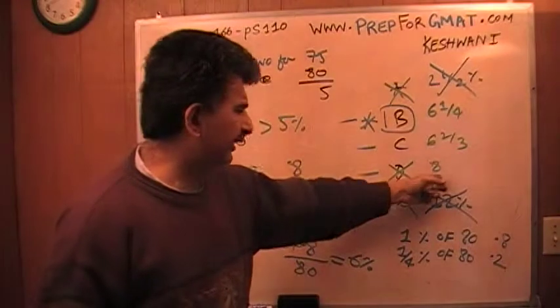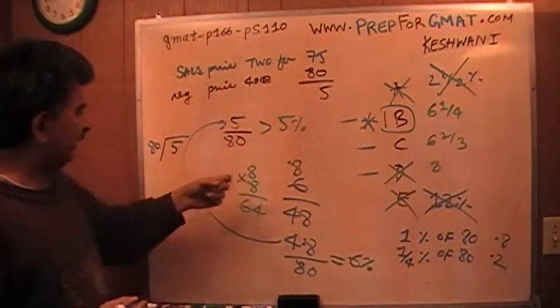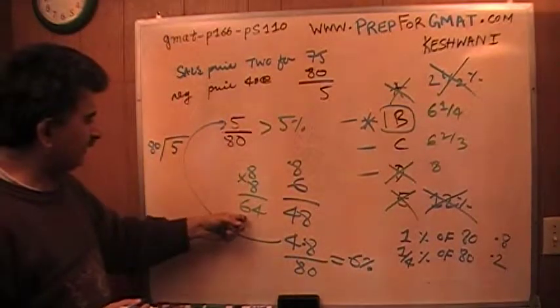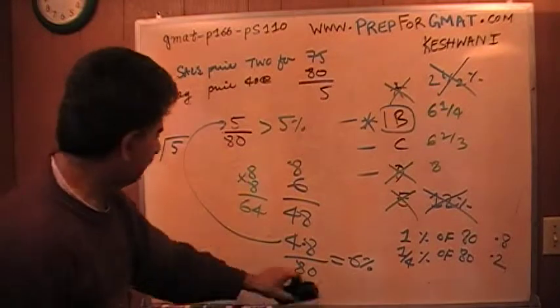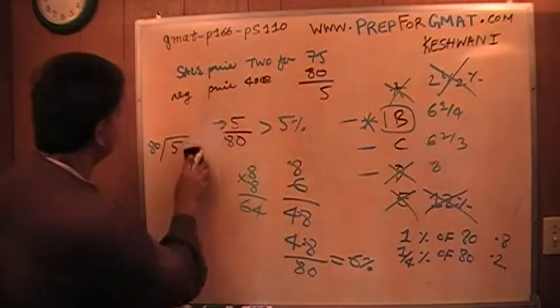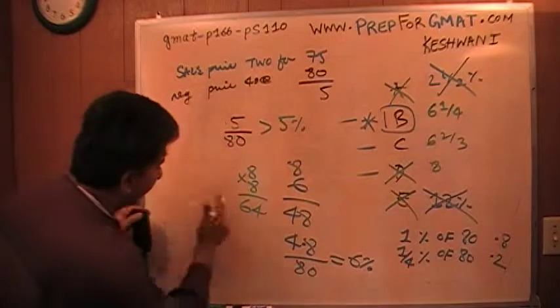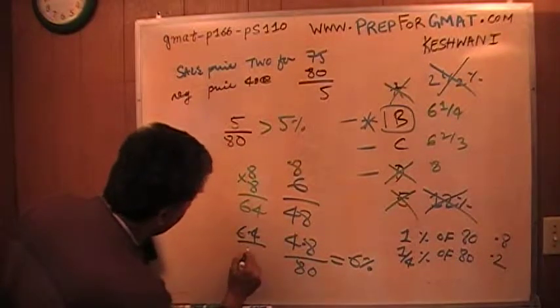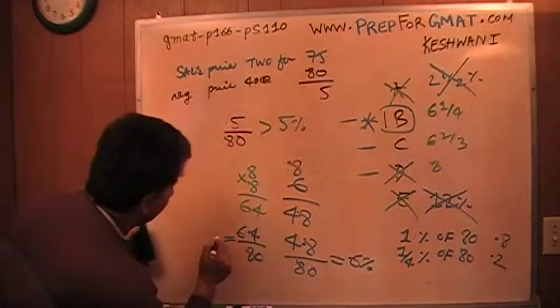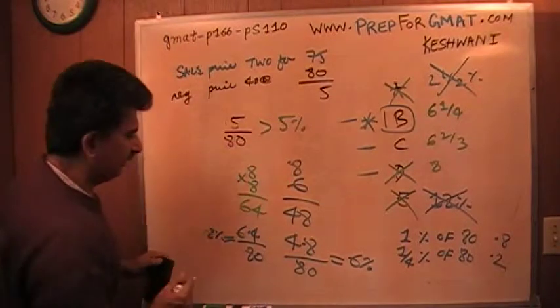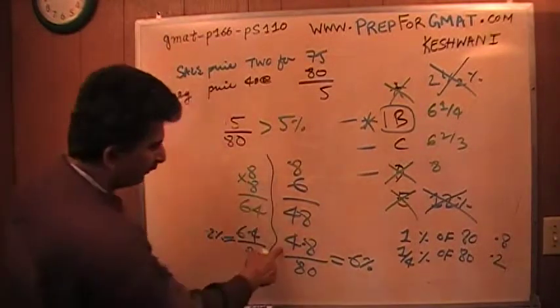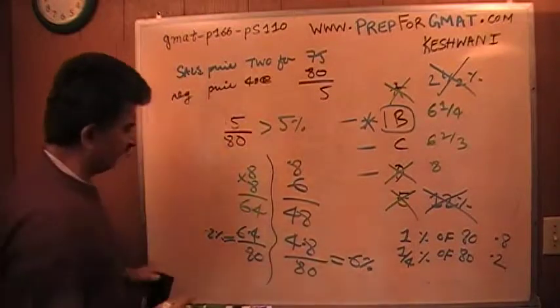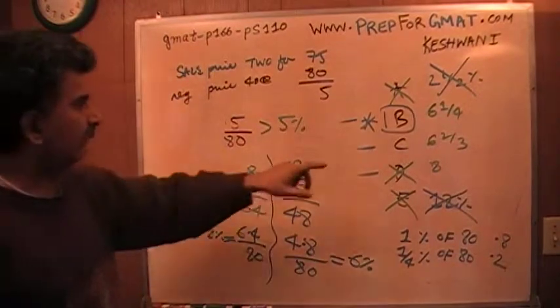Around this number was 8, so I started with 8, and I know 8 times 8 is 64. That tells me that 6.4 over 80 has to be 8%. Similarly, as we saw here, 4.8 has to be 6%. This has to be 8%. I'm closer to 6%.